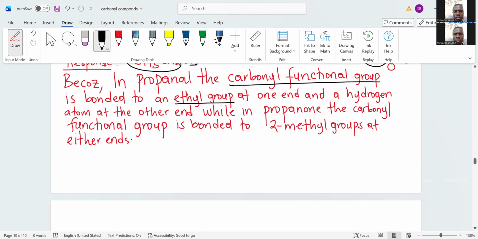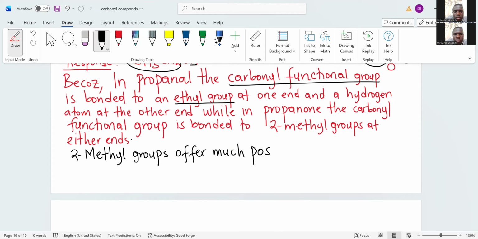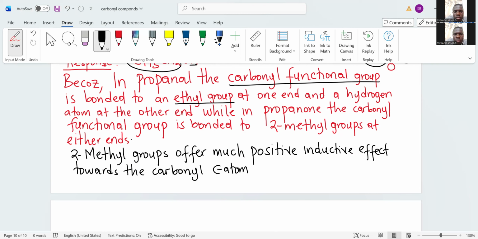So I want to say that two methyl groups offer much positive inductive effect towards the carbon atom, that's the carbonyl carbon atom, as compared to one ethyl group.